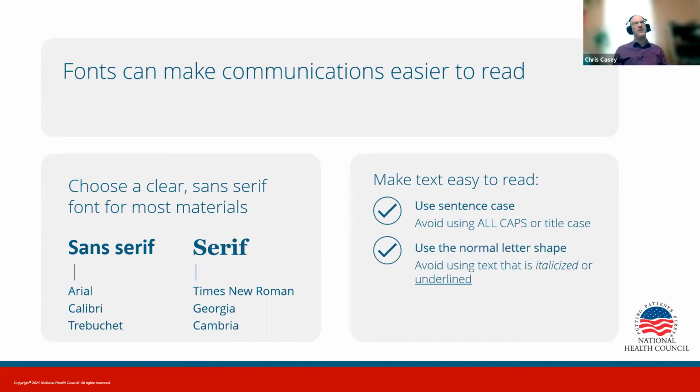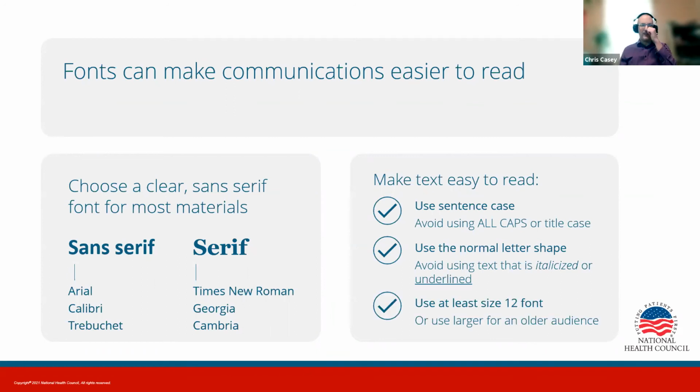Use the normal letter shape, so avoid using italics or overuse of underlining text. So again, with audiences who have lower literacy, the cognitive process of reading is a little bit different. People recognize the letter forms individually and then assemble them into words and then assemble the words into sentences. And so you want to make that task as easy for them as possible by keeping the letter forms readily recognizable.